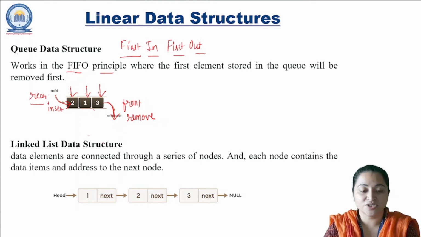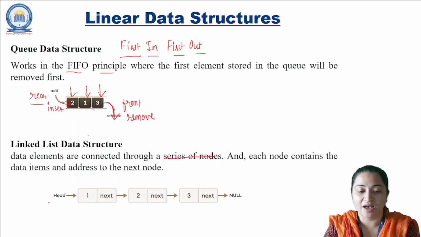The next data structure we will see is the linked list data structure. In a linked list, data elements are connected through a series of nodes. Each node contains the data item and the address of the next node, as we have discussed earlier.